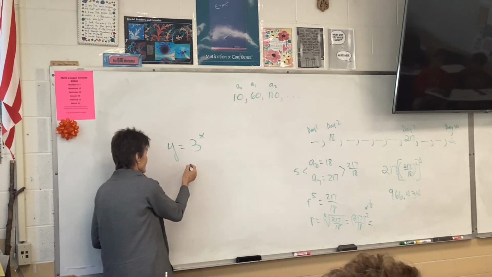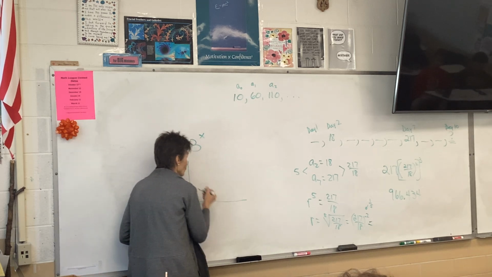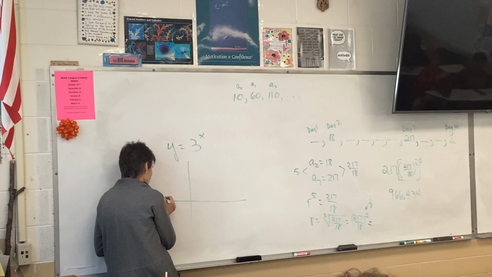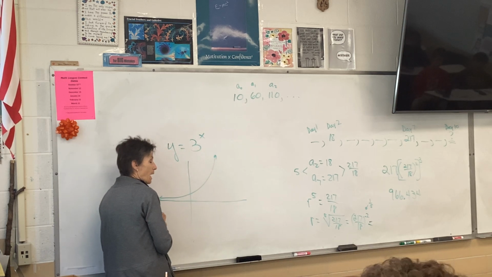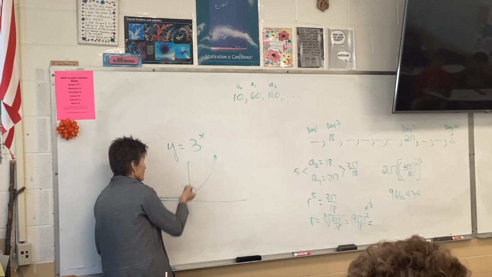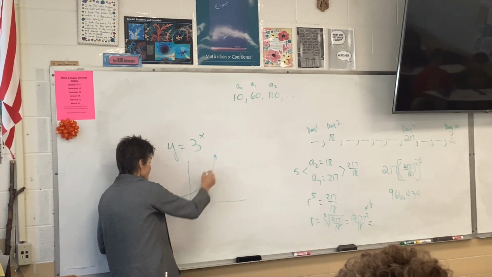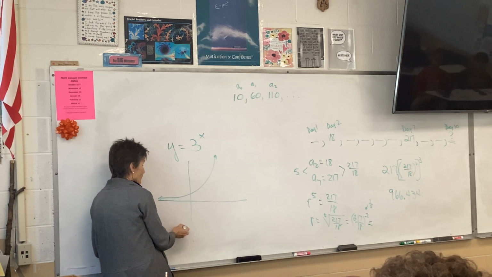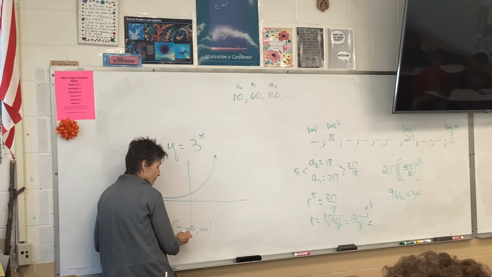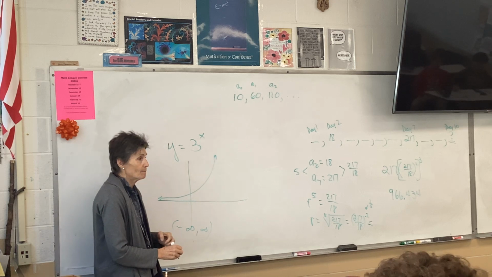So what does this look like? We should know what that looks like. Doesn't that look like this? I want to know about the domain. Those are the x values. Tell me about my x values. How far left? How far right? All of them. Right?